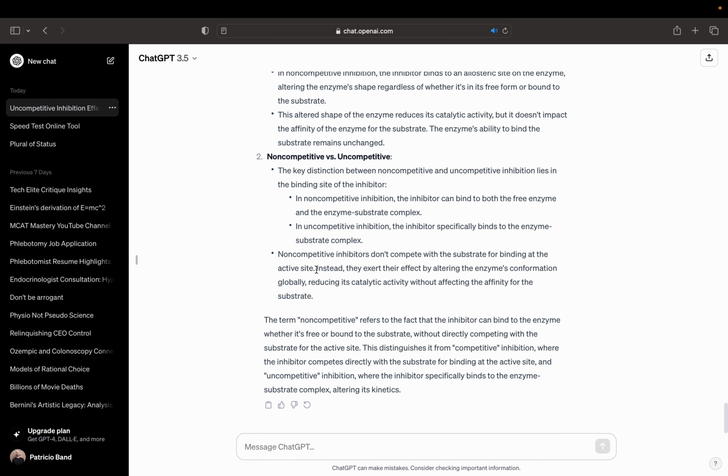Instead, they exert their effect by altering the enzyme's conformation globally, reducing its catalytic activity without affecting the affinity for the substrate. So non-competitive refers to the fact that an inhibitor can bind to the enzyme whether it's free or bound to the substrate, without directly competing with the substrate for the active site.